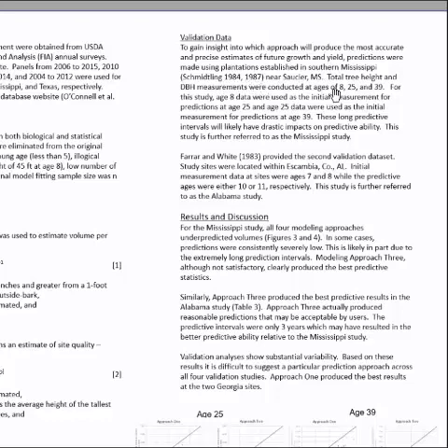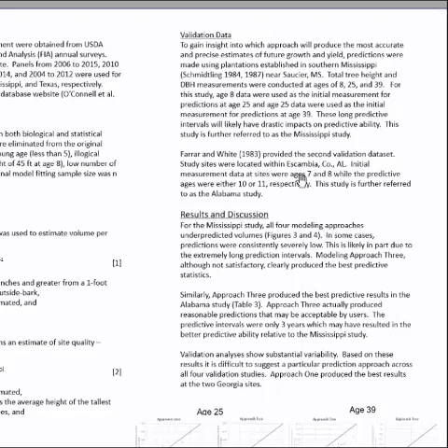Diameter and heights were measured at ages 8, 25, and 39, and therefore volume could be predicted. And Farrar and White, Alabama, where the initial measurement ages were 7 and 8, and the predictive ages were 10 and 11. And then 2 other studies from Georgia, where the initial measurement ages were 7 and 9 for one site, and the second was 17 and 21.